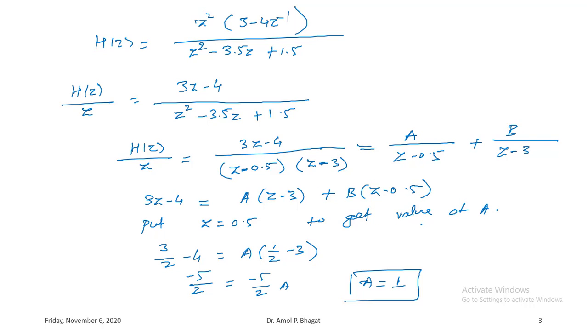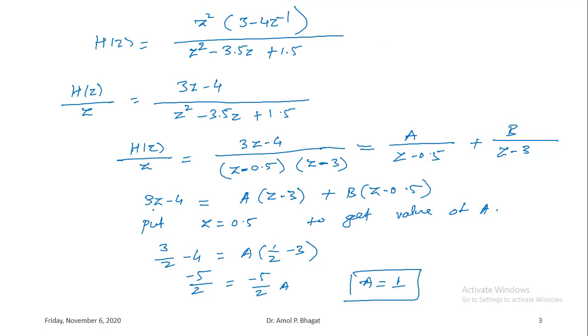To get the value of b, you have to substitute z equal to 3 in this equation. So put z equal to 3 to get the value of the constant b.